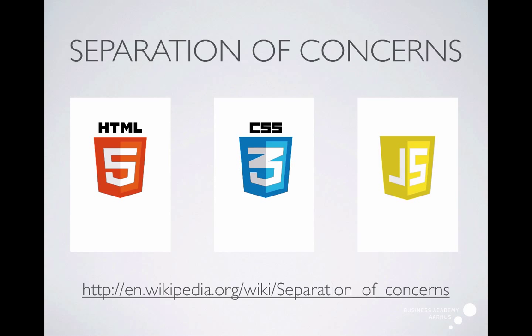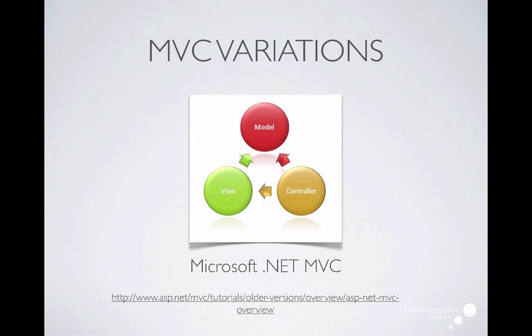And when we want to modify our DOM with JavaScript, typically we use CSS classes. So we have the structure, and we have the layout, and we have the functionality, and we try to separate those three areas in the front end. And this goes also for our application when we're talking about MVC.